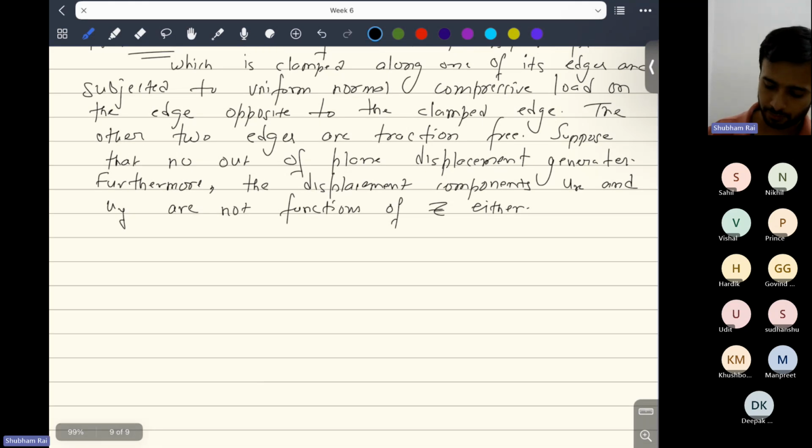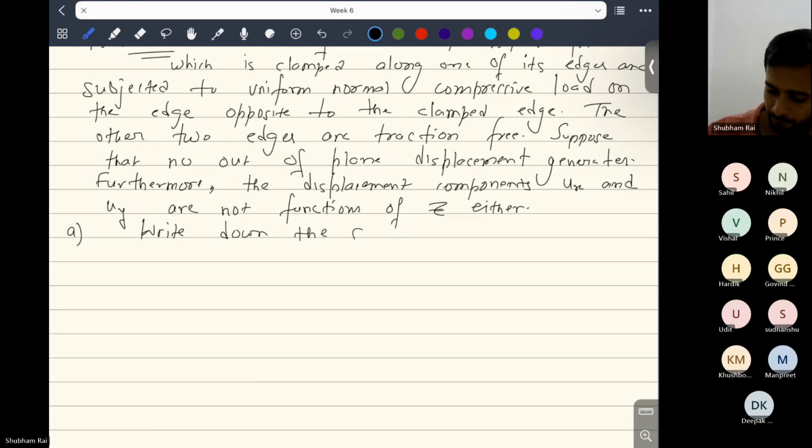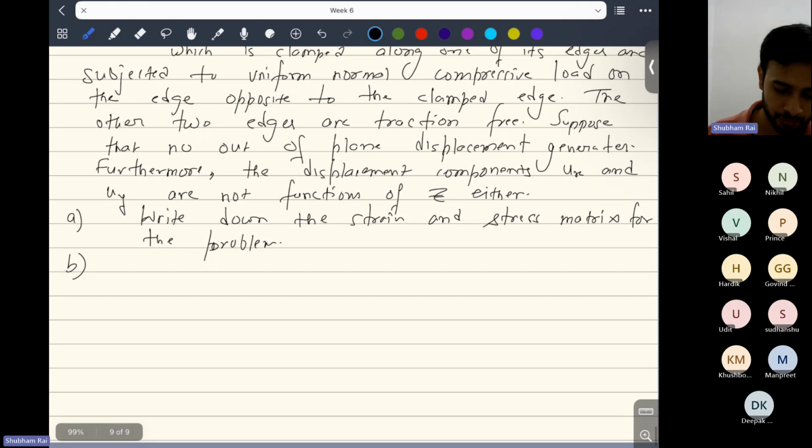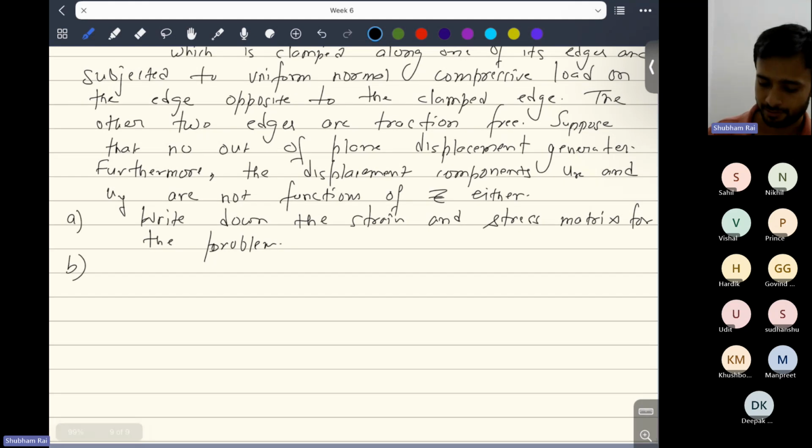So what you need to find out is you have to write down the strain and stress matrix for the problem. First part is this. Second part, you have to show that z component of stress equilibrium equation is automatically satisfied.